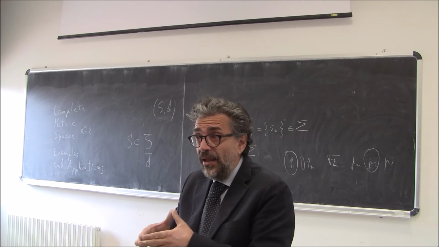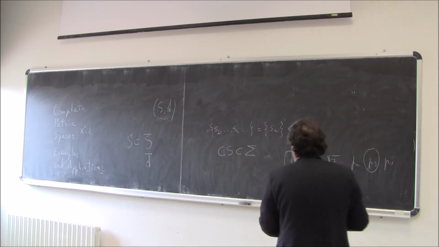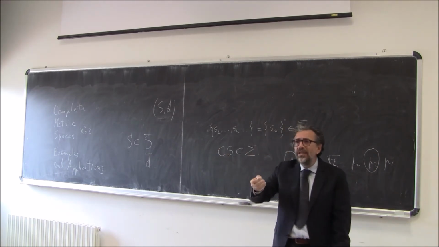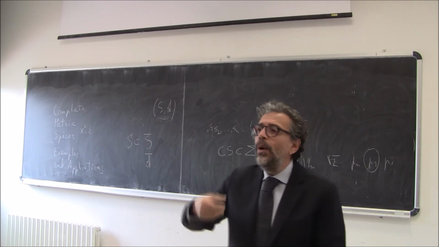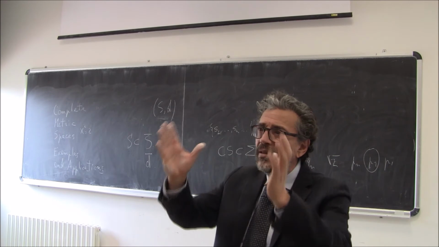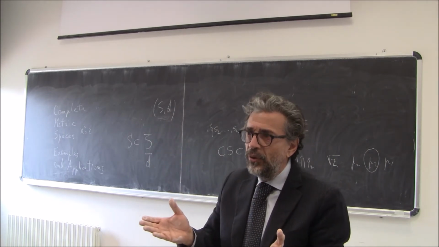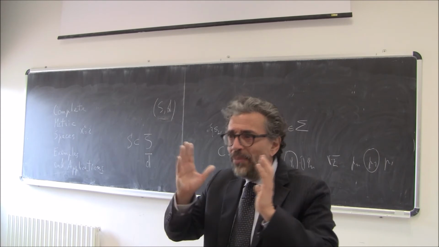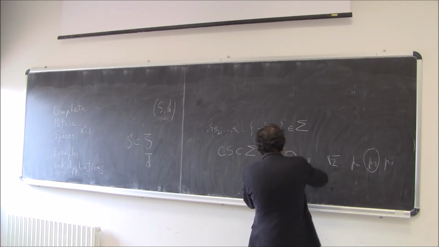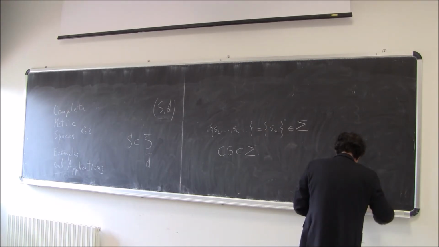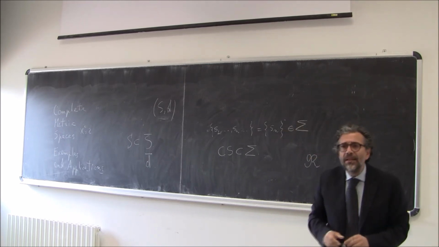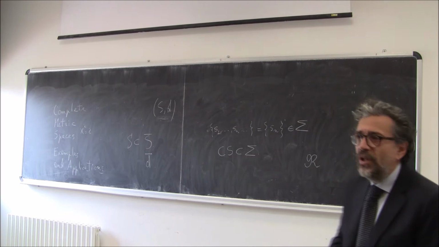So I must be ready to choose in the set of Cauchy sequences those Cauchy sequences which want to approximate the same element in the complete metric space which we want to build. Okay? So this has to be clear in your mind. If you have this clear in your mind, then you can introduce an equivalence relationship between Cauchy sequences.